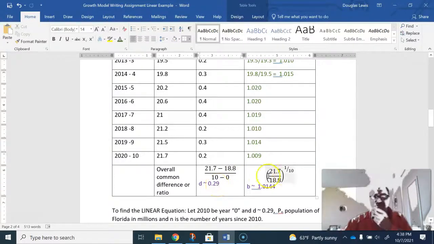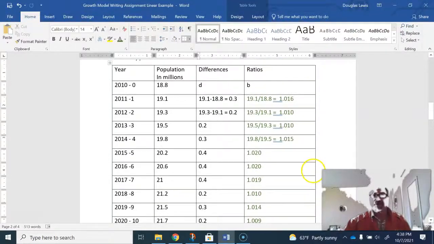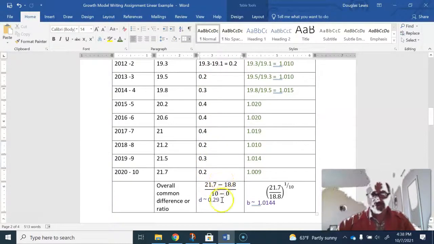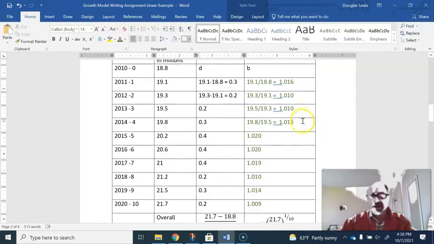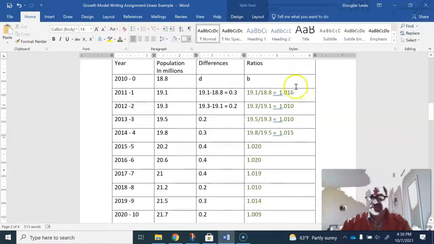Now I wanted to contrast that with the common ratios, to see that the differences were pretty close. They're all right around 0.29, which is pretty close to 0.3, so they vary just by 0.1 million, or 100,000, in either direction. Now, notice these are the ratios.